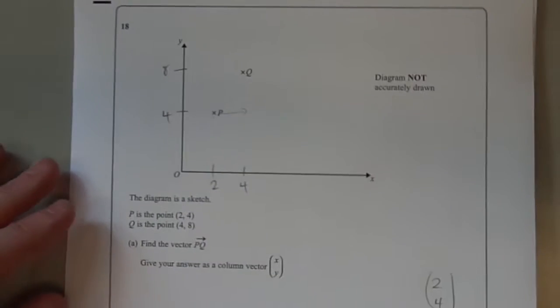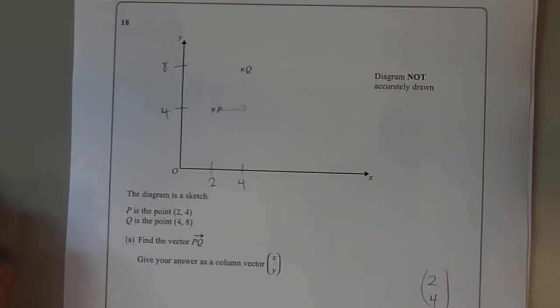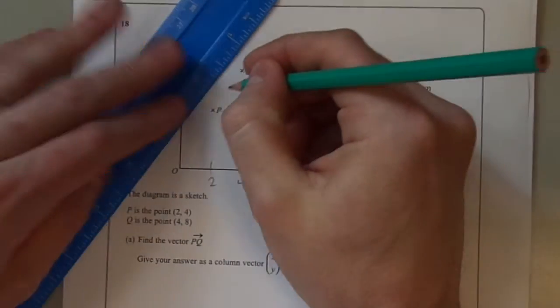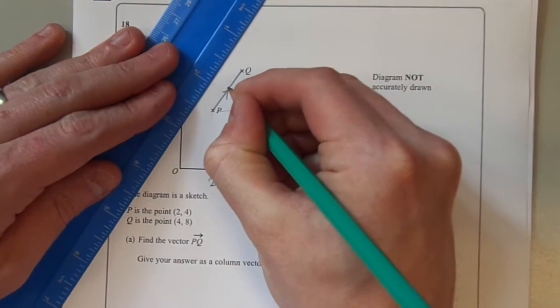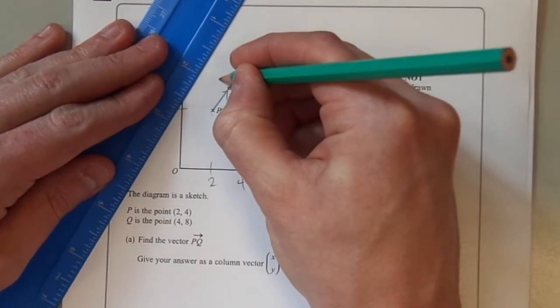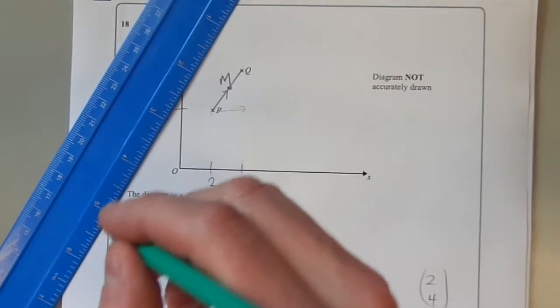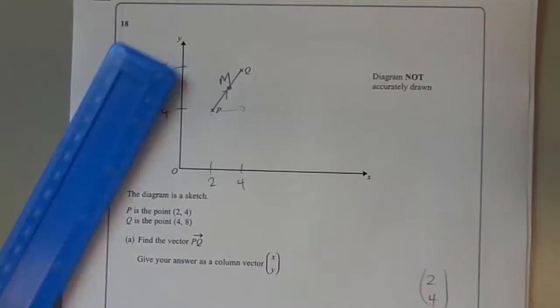We'll go back to the diagram. There's the vector PQ. Halfway along that line is the point M, the midpoint of PQ.